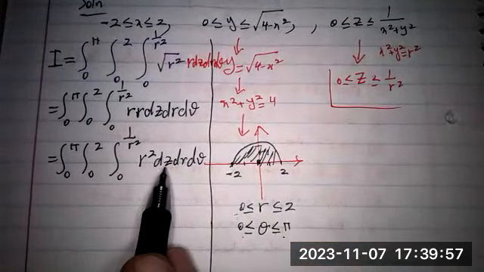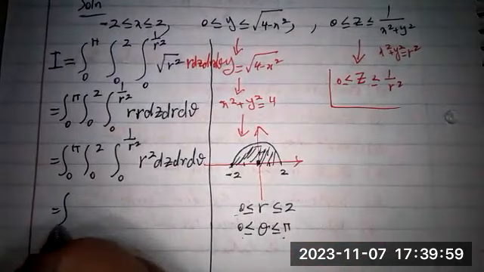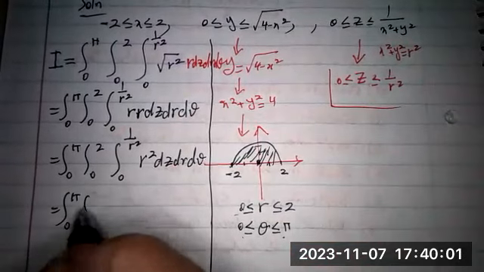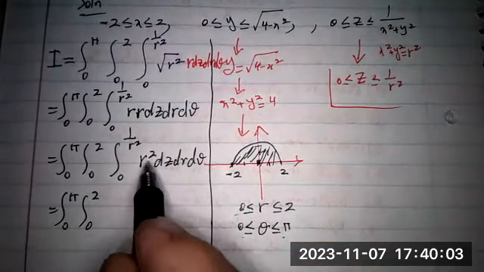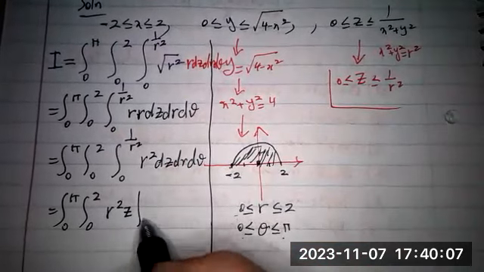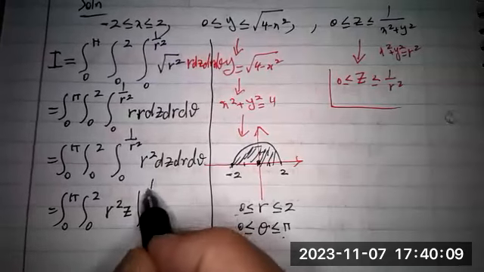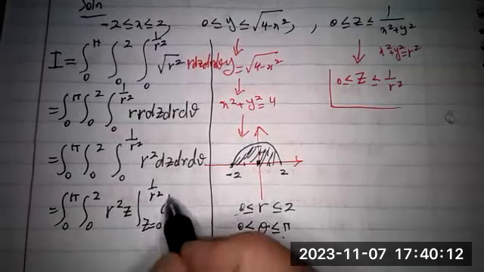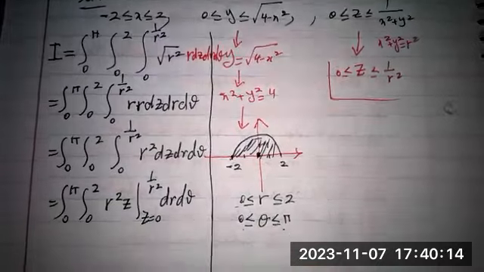Okay, now integrate with respect to z. So that gives 0 to pi, 0 to 2. The integral of r squared is r squared z, z between 0 and 1 over r squared, and when you're done, dr d theta.